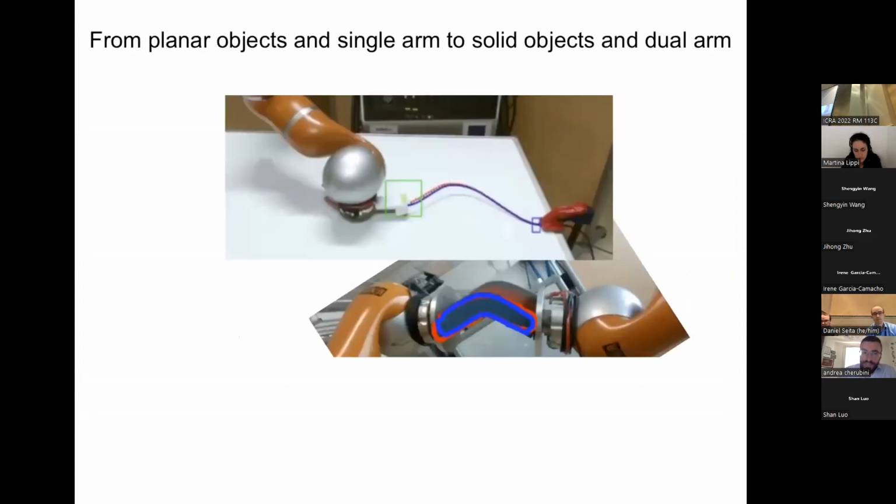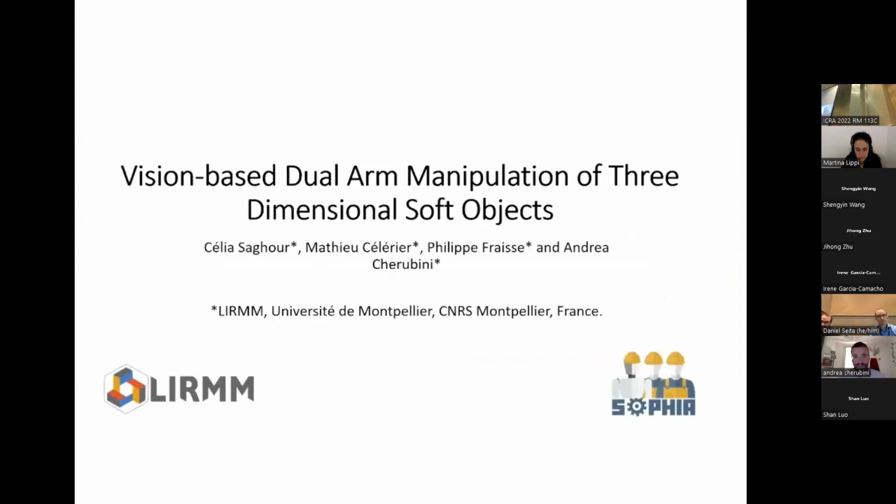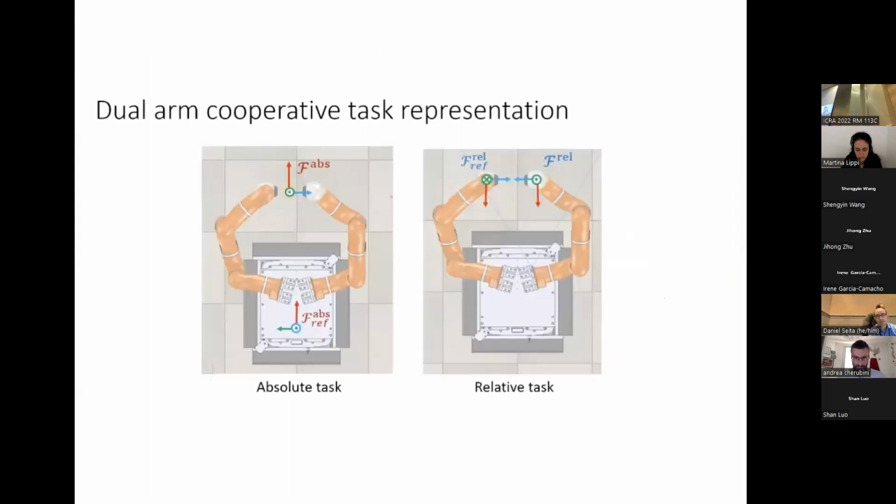The natural follow-up to this, where we were working with planar objects and just using one arm in most cases, was to move over to solid objects and dual arm. So we want to control the shape in space. And we have some first results with the work of Celia.